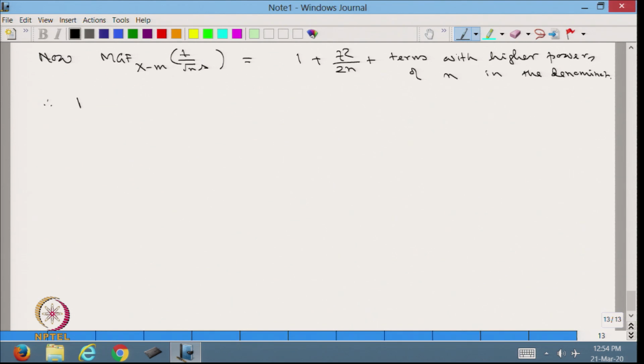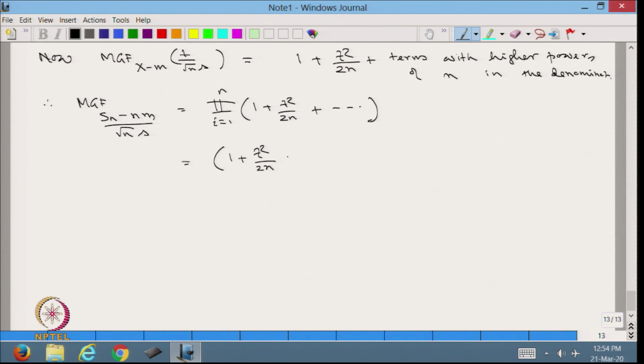Therefore, the MGF of Sn minus nm upon root n s is equal to the product, i equal to 1 to n, of 1 plus t square upon 2n plus other terms, which is equal to 1 plus t square upon 2n plus other terms whole to the power n.